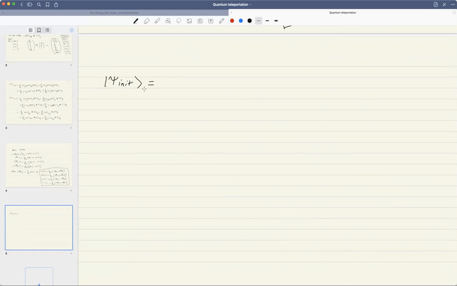I can write it as alpha over square root 2, then 0, 0 of AC. So 0, 0 of AC, we said, is 1 over square root 2 phi 0 plus phi 3.